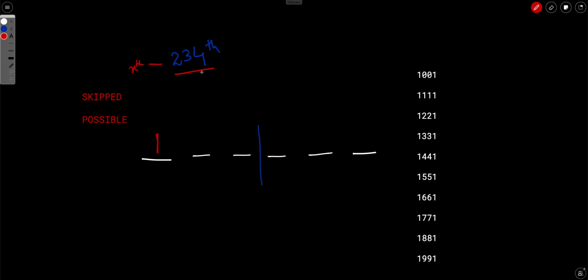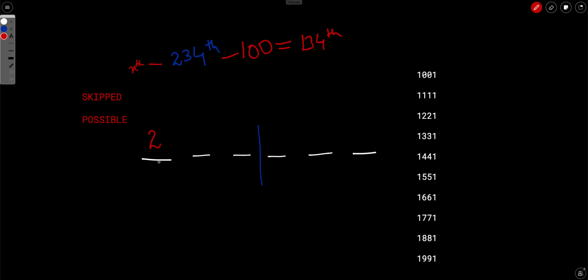But we need to find the 234th palindrome. So clearly we can't start with 1. So if we put 2 here, it means we have already skipped 100 palindromes. So previously we had to find the 234th palindrome, but we have already skipped 100 palindromes by deciding that we will not start with 1. So that's where we have to now find the 134th palindrome.